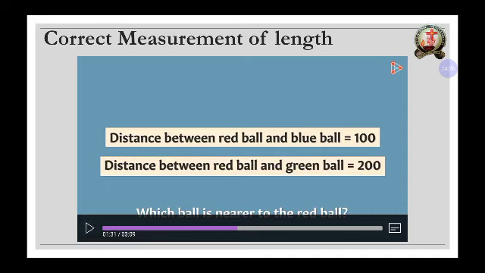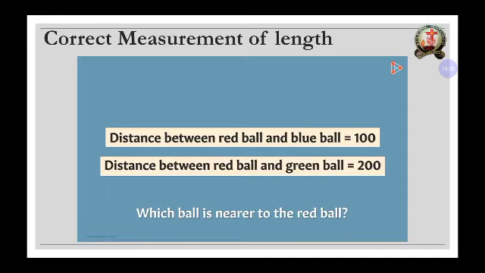So this is something like a problem solving technique. In the previous example, by seeing the picture you identified which ball was nearer to the red ball. But here, if you are given only the data like this, not a picture, how will you determine it? The distance between the red ball and the blue ball is 100, and the distance between the red ball and the green ball is 200.